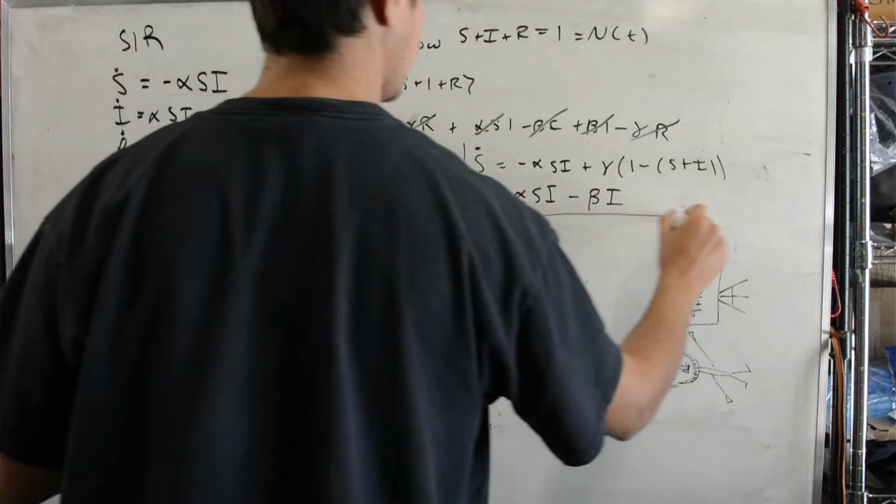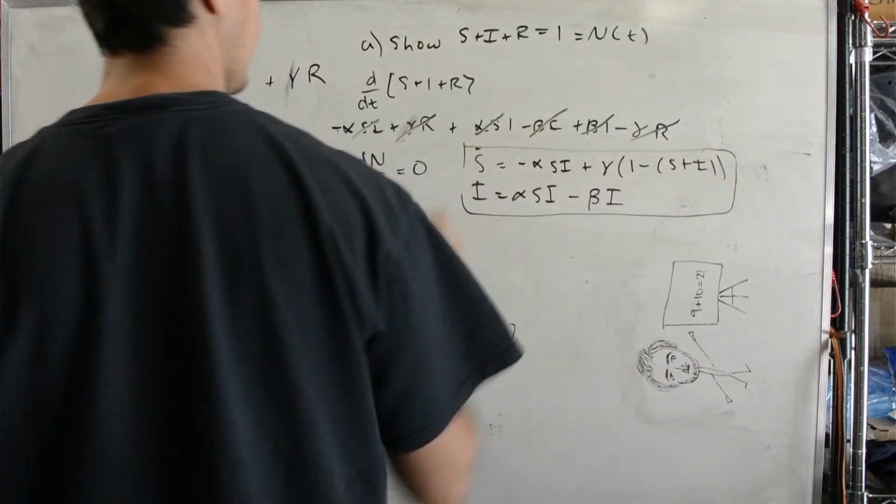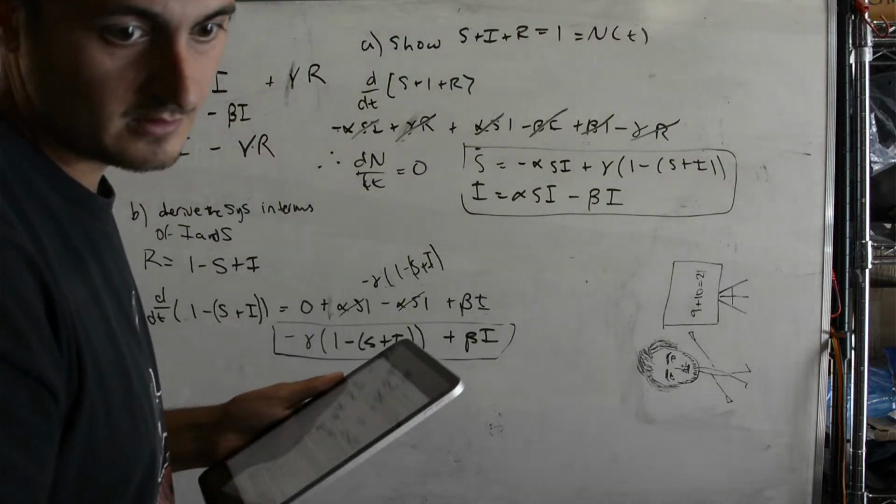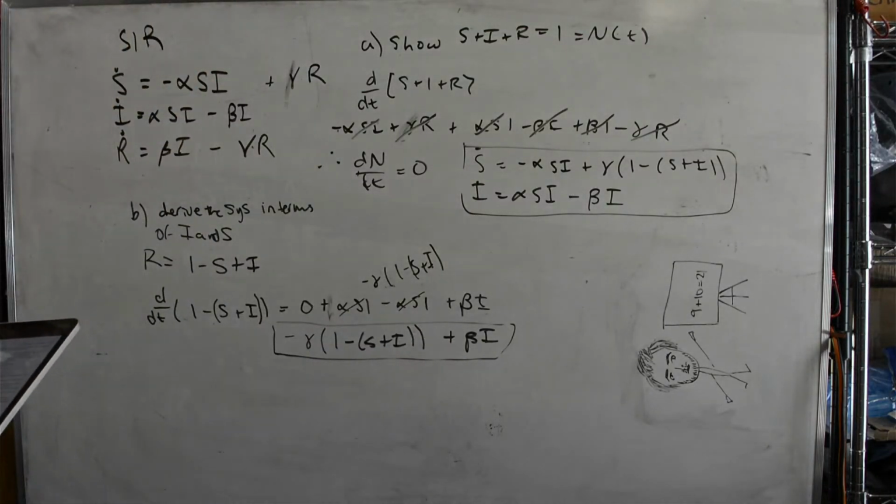So this is the new system. All right. So that's deriving the system in terms of two variables.